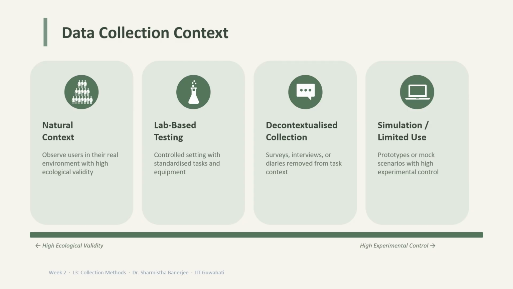So, starting with data collection context. When I am trying to do my data collection in the natural environment of the user, we are observing the users in their real environment with high ecological validity. We call it natural context. By ecological validity, what I mean is, if you are trying to observe how I use my washing machine in a lab environment, what you are ignoring is the fact that I might have some toddlers who are also trying to do something to the washing machine along with me, trying to press something.